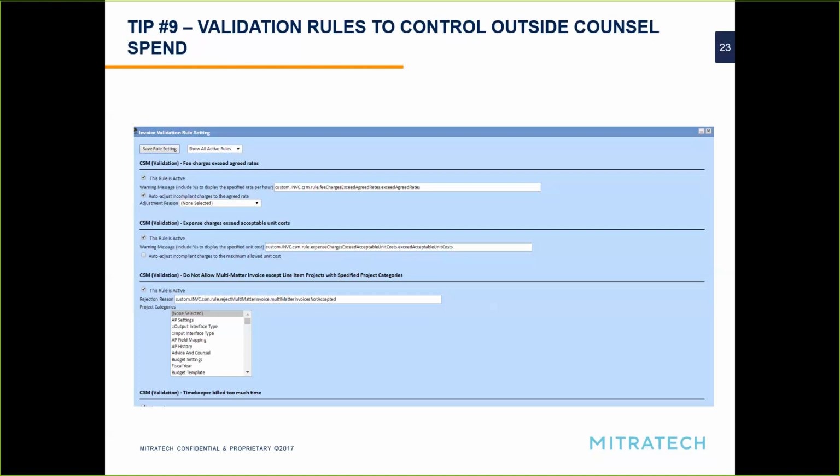But each of the rules can be turned on and off, and then they can be configured to actually include specific dates or UTBMS codes and so on. It can warn on invoice line items, or it can actually be set to do automatic adjustments if they do not comply with that rule. So it's a really handy way of controlling your outside counsel spend.